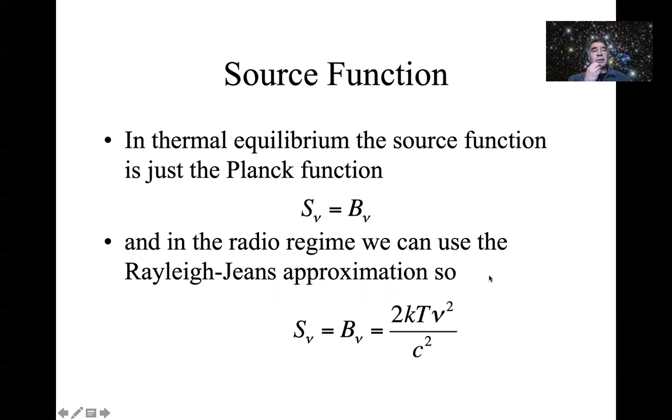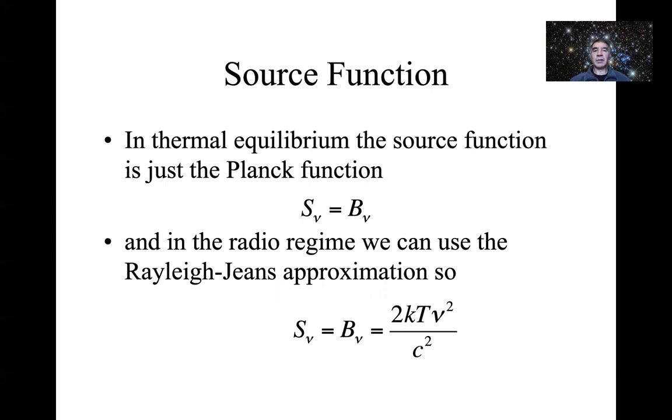Okay, now let's have a look at this idea of the source function for a moment. Again, we'll take a special case where we assume that the medium we're talking about is in what we would call thermal equilibrium. That means the conditions in the medium are well defined by the temperature of the medium, and every process is balanced by its inverse process.